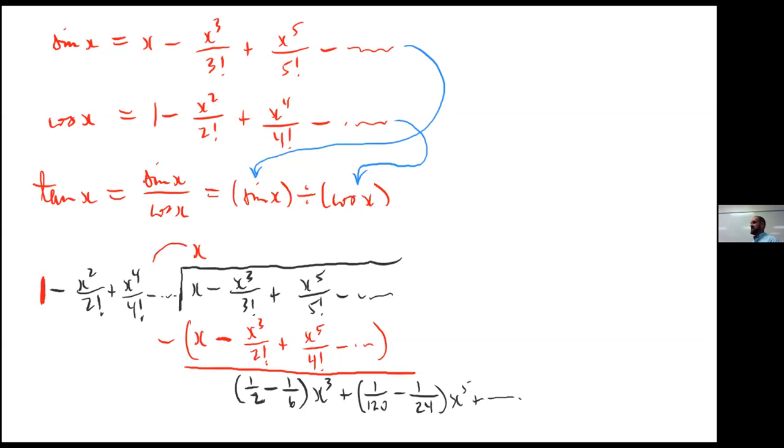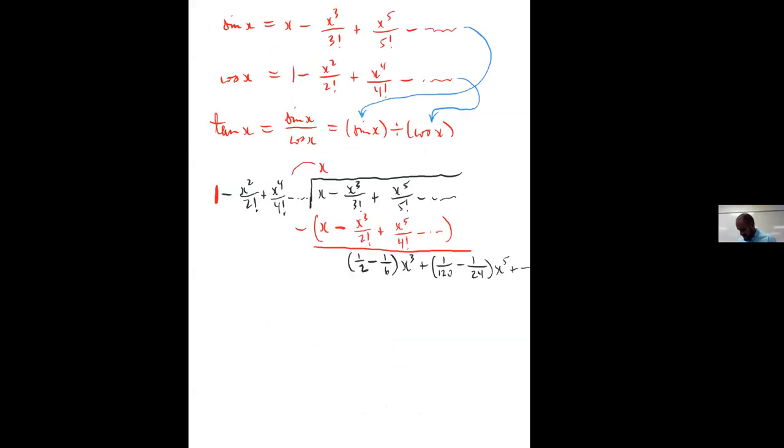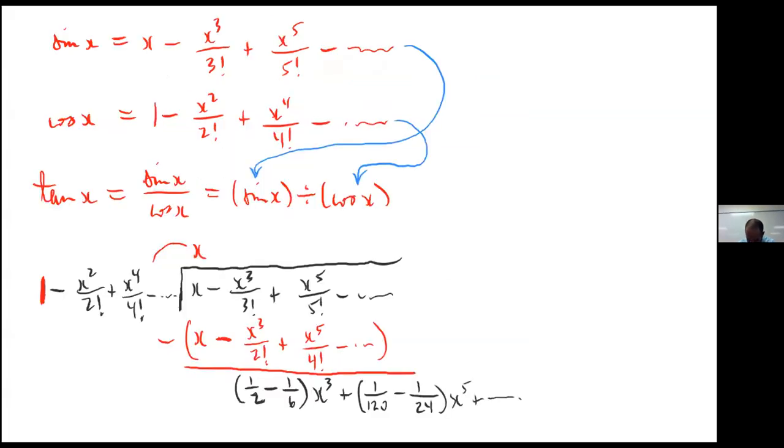Okay, let's not get ahead of ourselves here. What is a half minus a sixth? I think we can all do that, right? That's a third. And what about 1 over 120 minus 1 over 24?